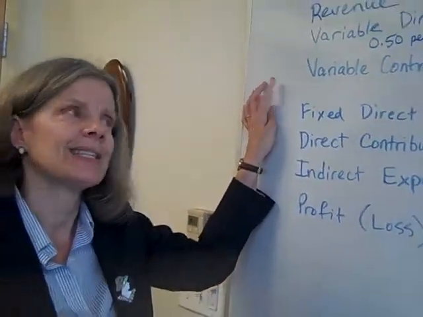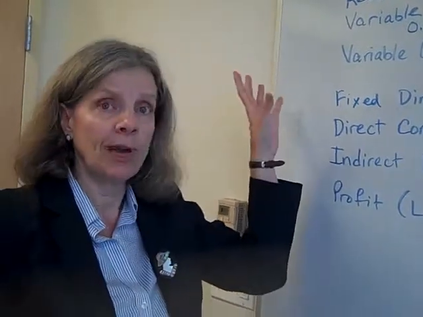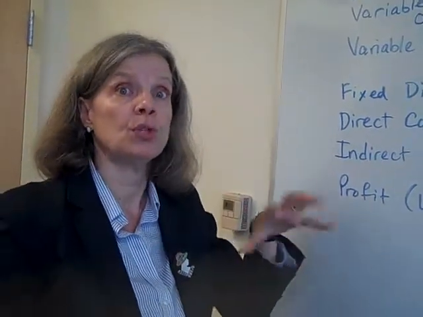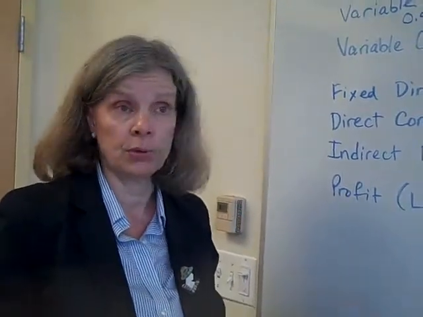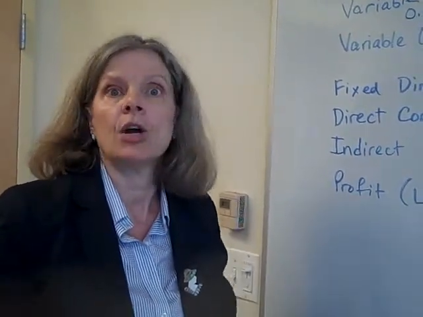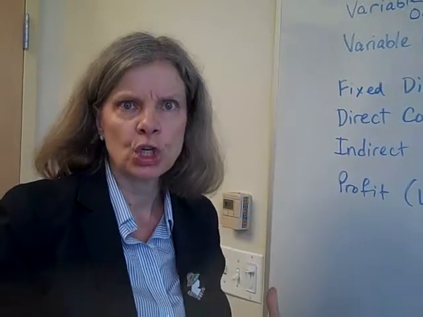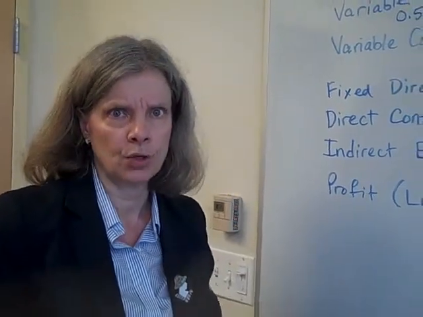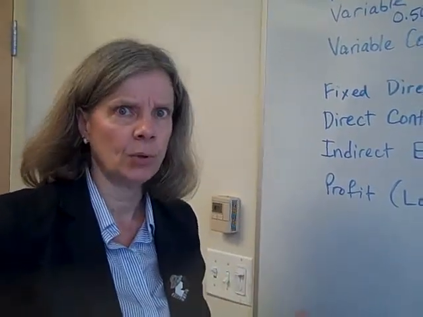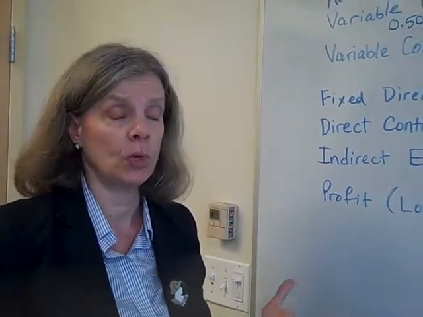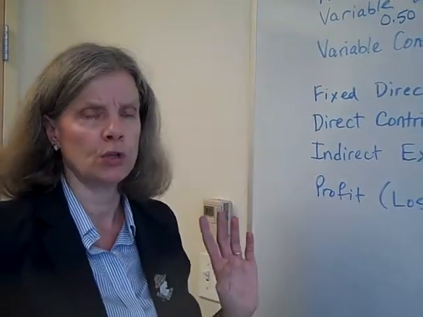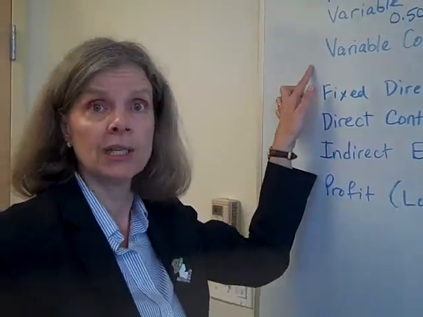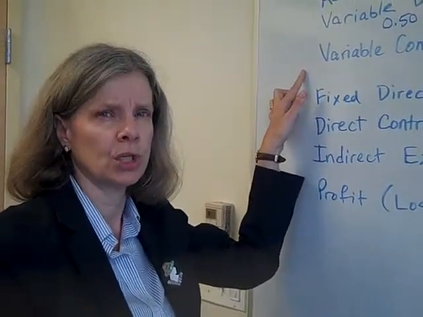The idea there is something's left from the revenue to contribute to paying our fixed direct expense, which is there whether we produce lemonade or not, and our indirect expenses. So it's good to have a positive contribution margin. And the variable contribution margin is the first one we calculate, the most important. If you just see contribution margin in the literature, it's referring to this one, the variable contribution margin.